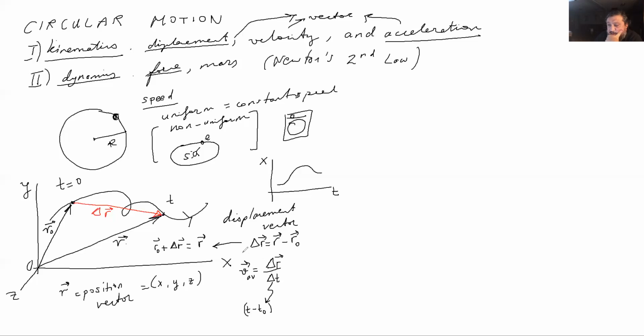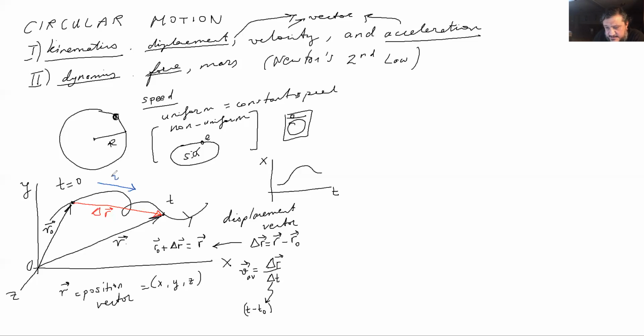Now the average velocity has to be in the same direction. When you have a vector equation, both sides should agree in direction. So the average velocity is also in this same direction. Let me use blue to show the average. As long as it's parallel, it's fine. So I'm just going to draw it here.